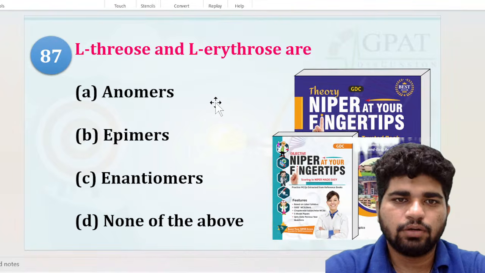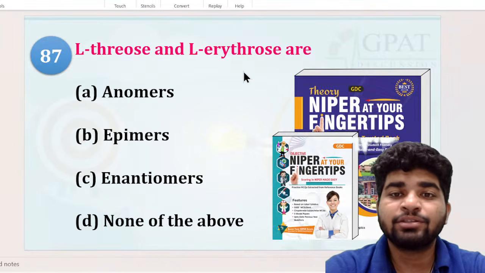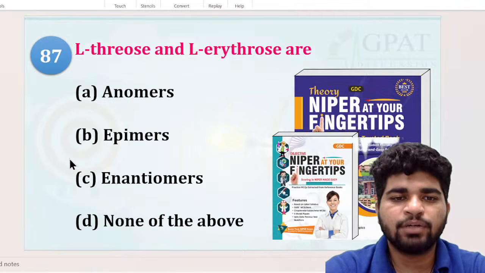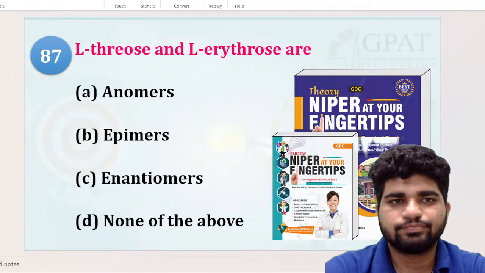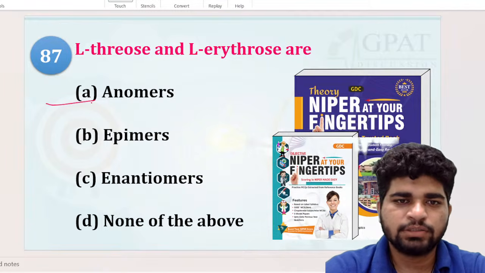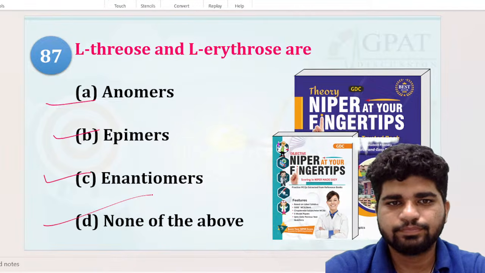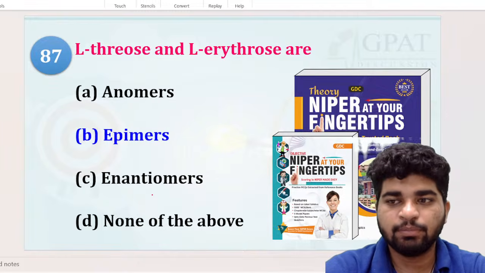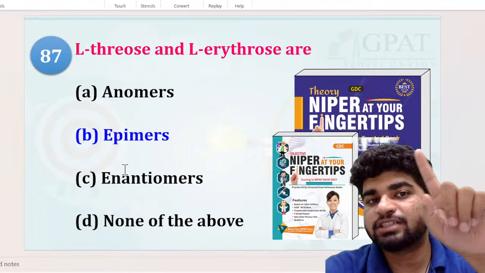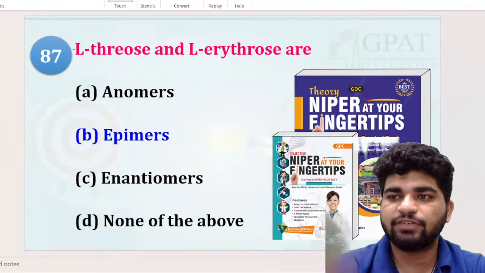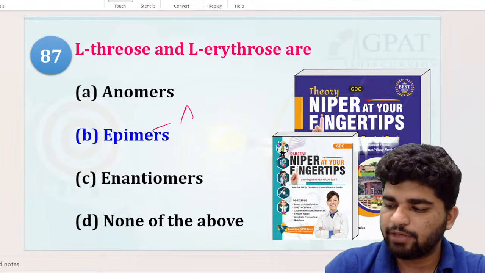Okay. Now, D-glucose and D-galactose are what? Anomers, epimers, enantiomers, or none of the above? What's that? Yeah, that's your epimers. Epimers differ apart from the first carbon.